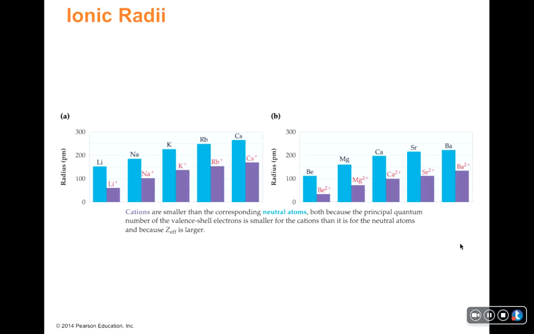So, as it says here, their principal quantum number is smaller, again, because it's lost that electron. And their effective nuclear charge is larger because you're essentially just dropping down to that next shell. And that's the case, again, for the series in beryllium as well. You can see the comparison of any of the cations are smaller than their corresponding neutral atom.